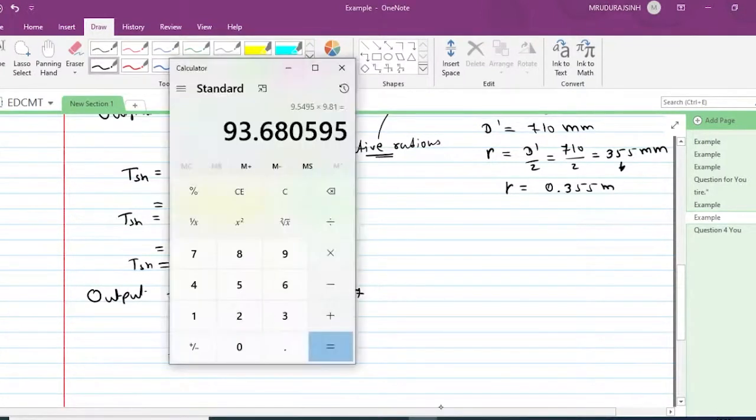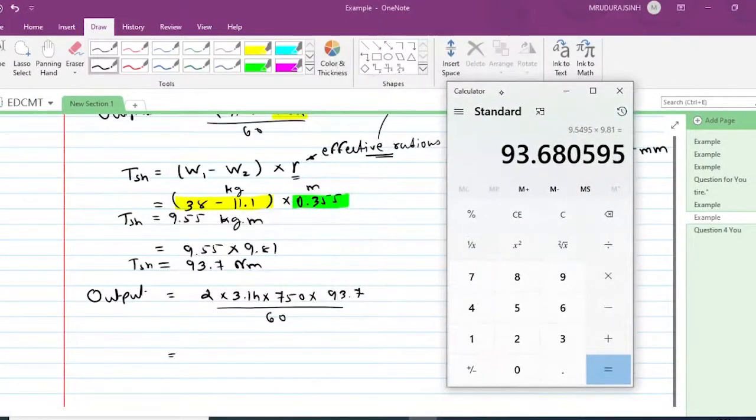Let's calculate this. 93.680 multiplied by 750 multiplied by 3.14 and multiplied by 2 divided by 60 gives us 7353.2. This is the answer.